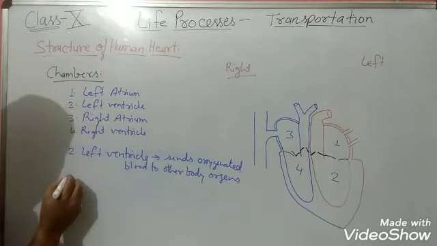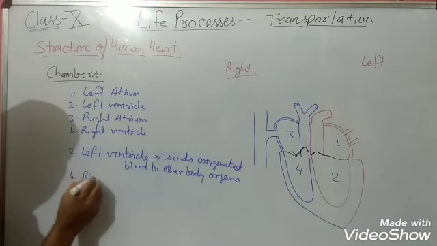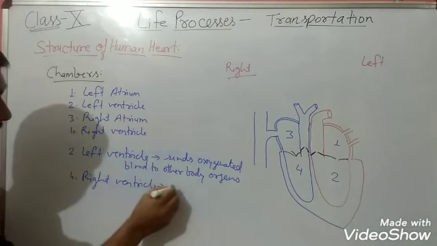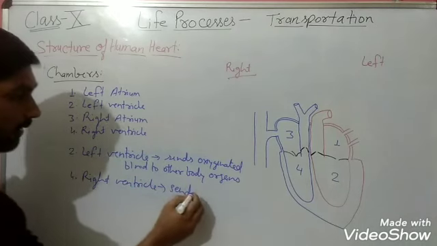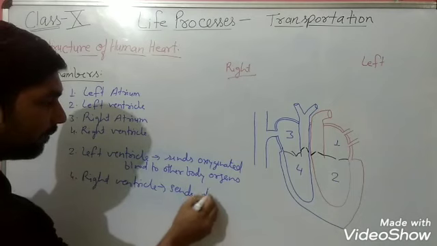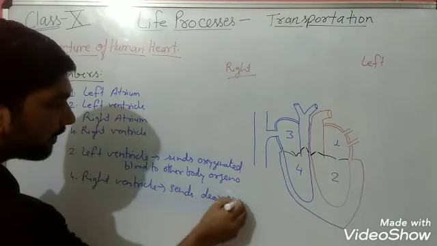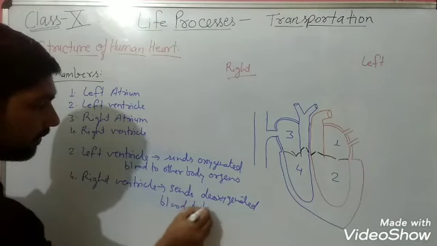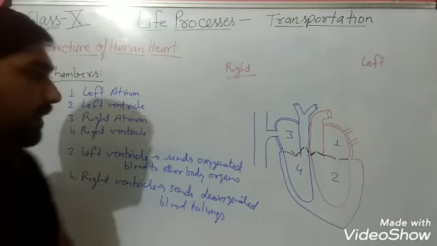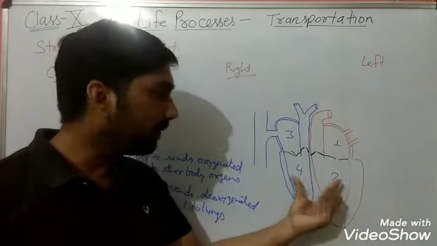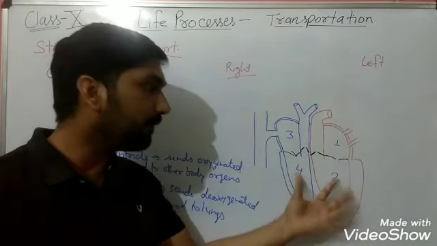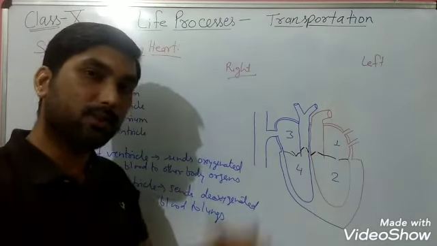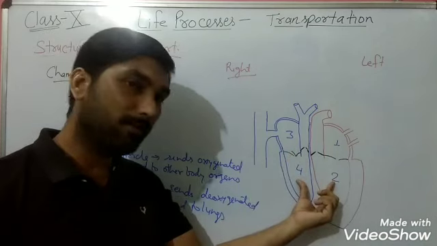And the bottom one, the fourth one, the right ventricle, is going to send the deoxygenated blood to the lungs. So ventricles perform the function of sending the blood out from the heart, and atriums perform the function of receiving the blood and sending it to the ventricle.